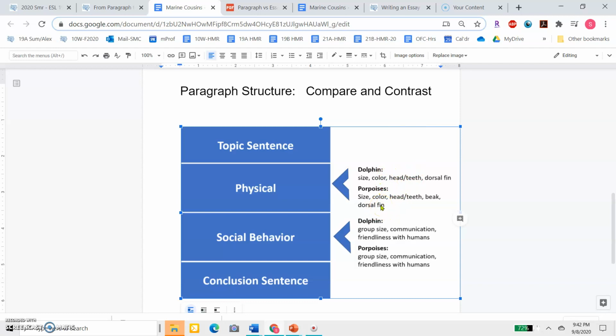There's a little typing error there. And for social behavior, we're looking at group size, communication, friendliness with humans. And for porpoises, what's the group size, their communication, and their friendliness with humans. So you got your two main supporting points. You're comparing your two subjects for each supporting point.